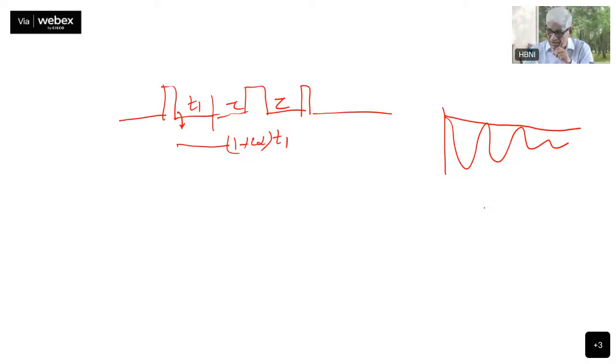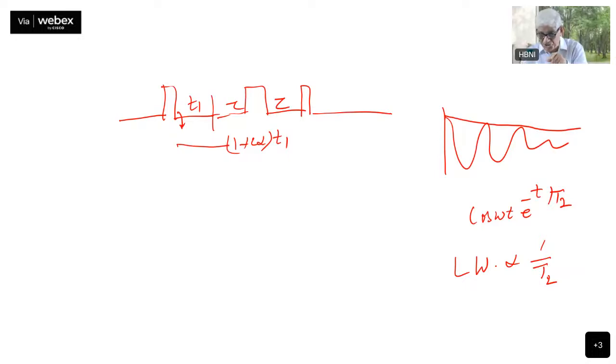You normally write the cosine part as cosine omega t times e to the minus t by T2. T2 is the transverse relaxation time, so 1 by T2 will appear as the line width. The line width in the spectrum is proportional to 1 by T2. Whatever appears in this exponential will show up as the line width.